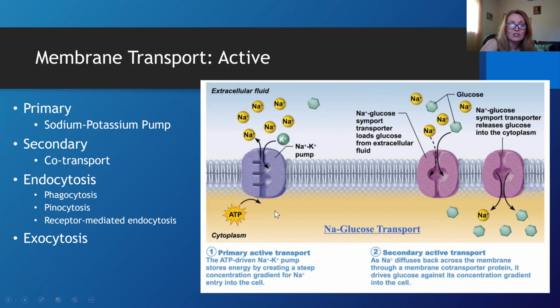From low concentration to high concentration. So that's why you need this energy. You need to push something that you already have a high concentration of, so you need to push even more, right? So an example of active transport here is the sodium-potassium pump, shown right there.